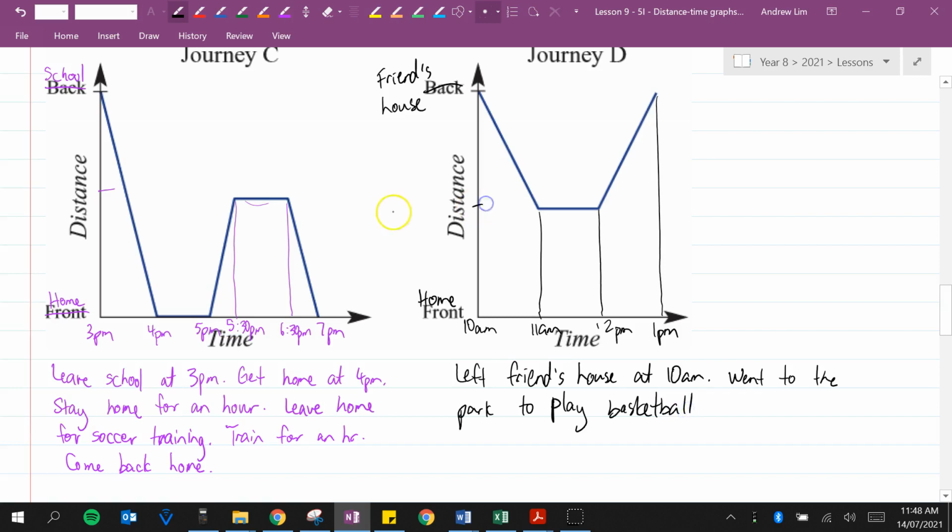Okay, so we can just call this one the park. Played for an hour. Left at 12 to go back to your friend's place.